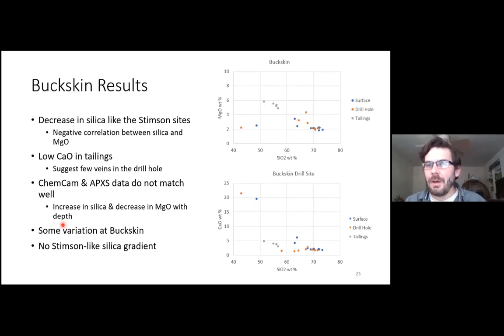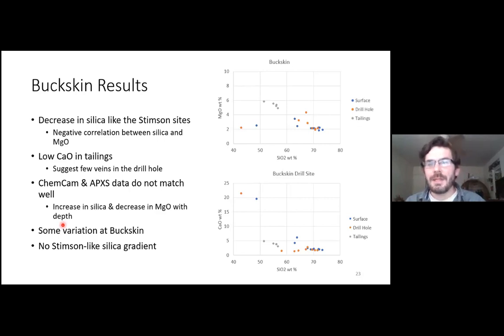Once again, there's always some trouble comparing the two instruments. They're both different analytical methods. They have different footprints. There's always a lot of variation. But while we see some variation at Buckskin, we don't see a Stimson-like silica gradient, and we're really going to dive into this silica gradient in a moment.